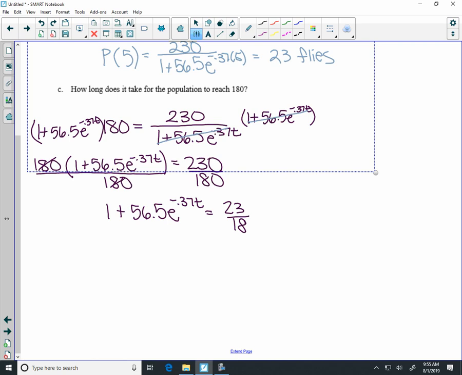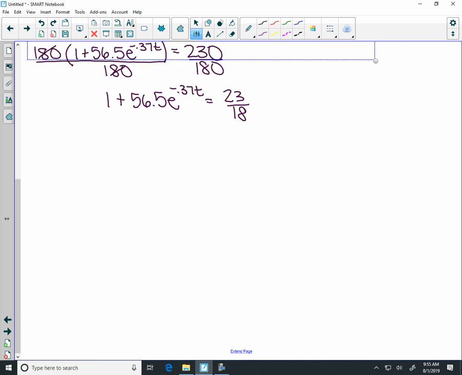All right, 230 over 180 reduces to 23 over 18. Still solving for T, I'm going to subtract this 1 over. Since I'm not using my calculator yet, when I subtract 1 to the other side, 1 is the same as 18 over 18. That'll give me that nice common denominator.